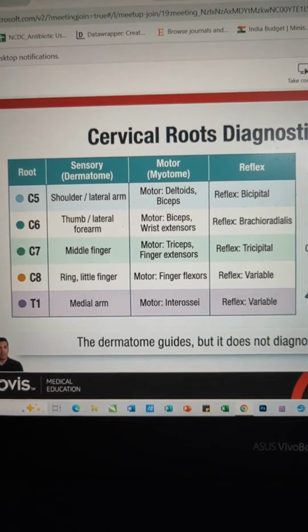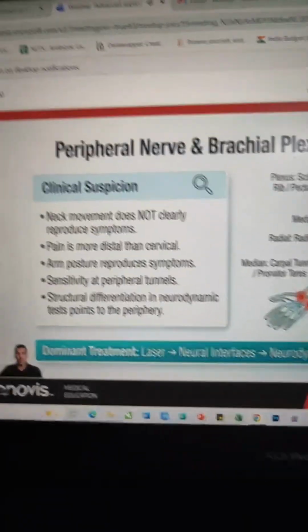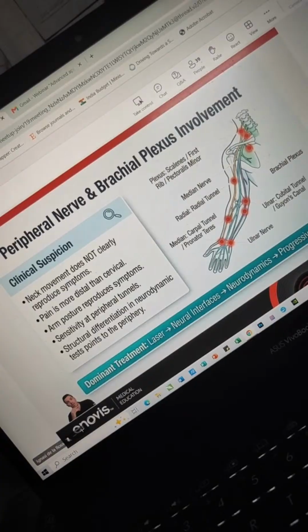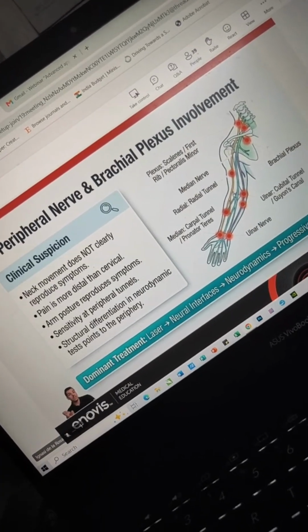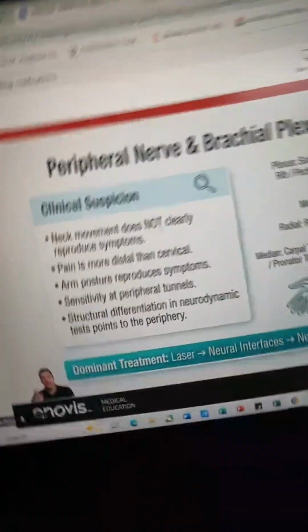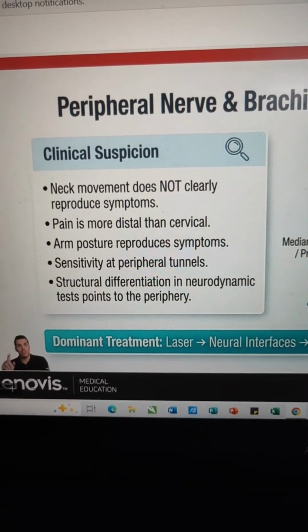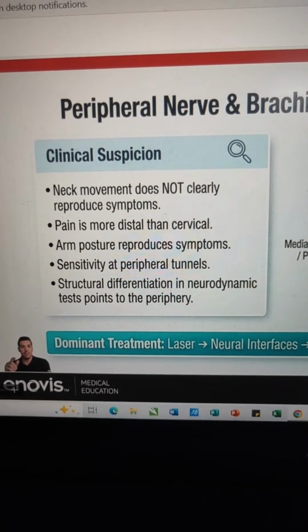Let's talk a bit about the pattern of what would be the peripheral nerve associated with the brachial plexus. So here we should suspect involvement of the peripheral nerve or the plexus when cervical movement does not clearly reproduce the symptoms, or when the pain and paresthesia are predominantly distal.